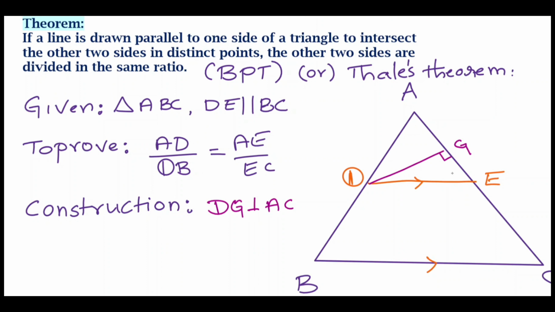And again, from point E, I drew one more perpendicular line, EF, which is perpendicular to AB.